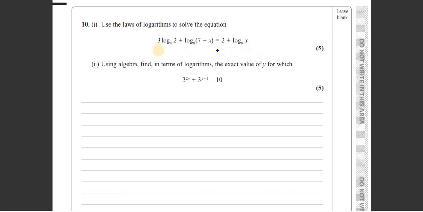In these types of equation, what do we do? If we have more than one log, we collect all the logs on one side, so we can apply laws of logarithm. So the first step is to collect all the terms involving log on one side and send the rest of the numbers to the other side.